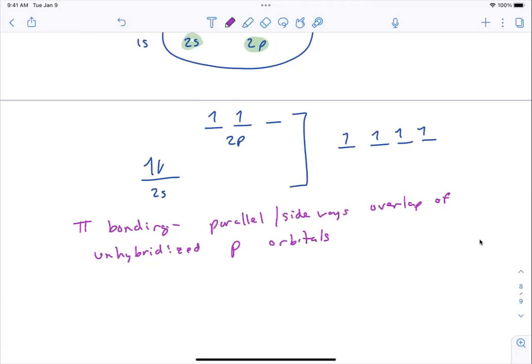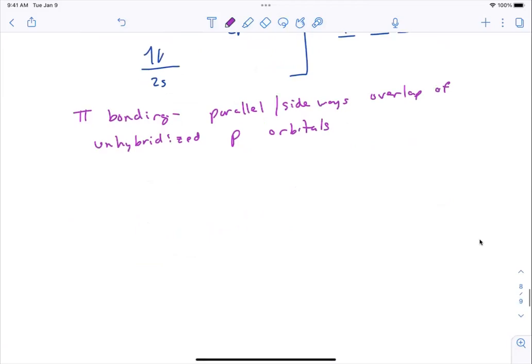And so what happens is, let's say, pretend this carbon's bonded to this oxygen and you want a double bond.